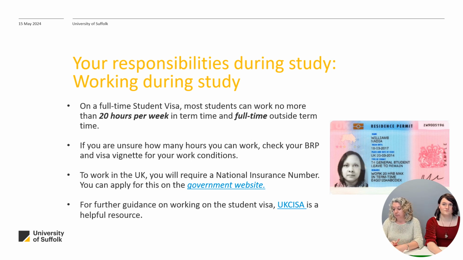And if this is not already printed on your BRP, you may need to apply on the government website on the screen. Additionally, UKCISA, which is the UK Council for International Student Affairs, is a really helpful resource that we go to daily, and it's updated when the rules are updated, so definitely keep a look on that website for further information about this.